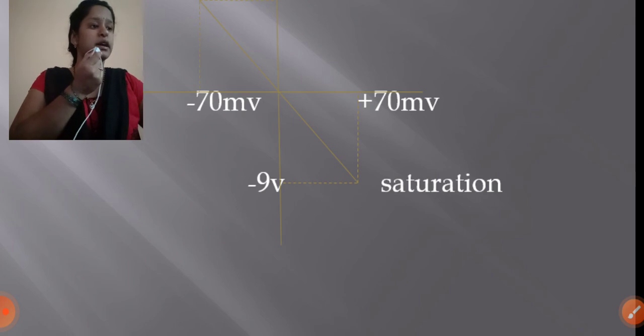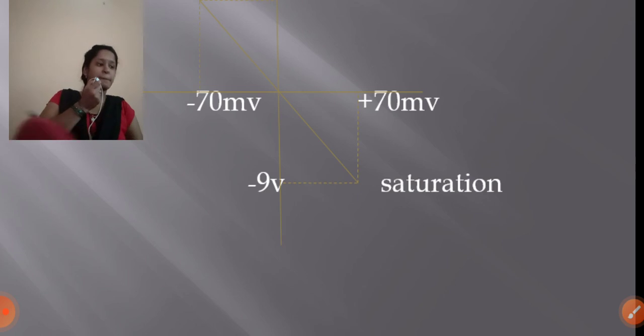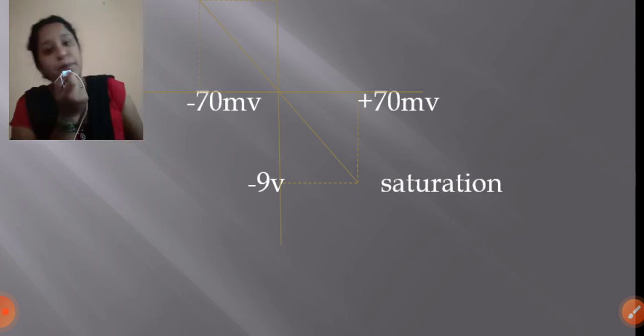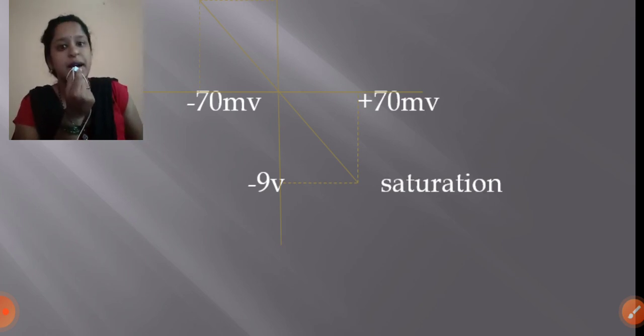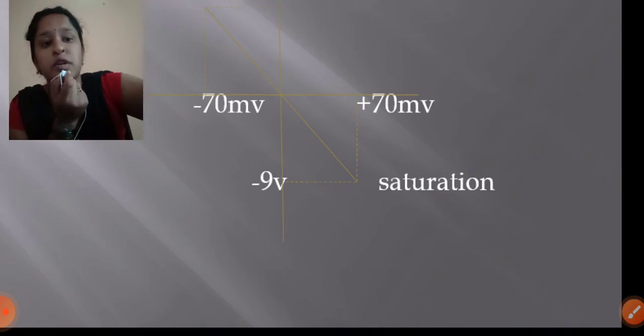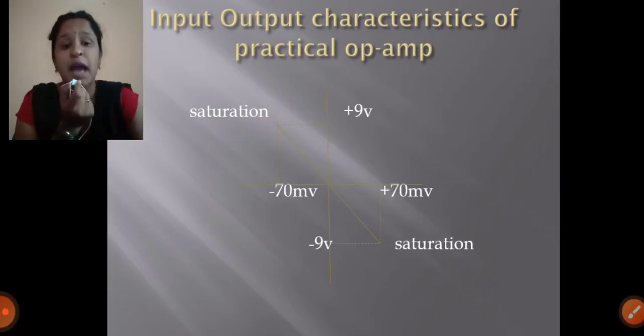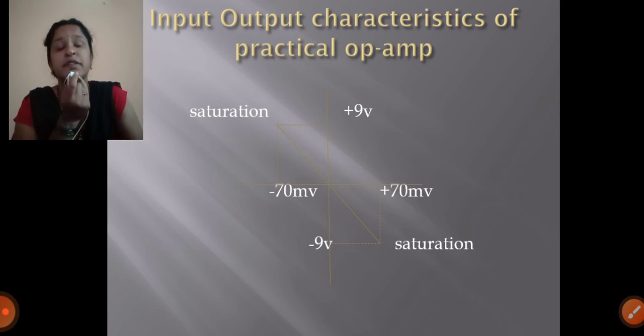And the input and output configurations in the practical op amp: the voltage is around plus 9 volt and minus 9 volt. We can see in your practicals also, we have used a DC regulated power supply. The middle one we can connect to ground, one is plus VCC and the minus VEE.